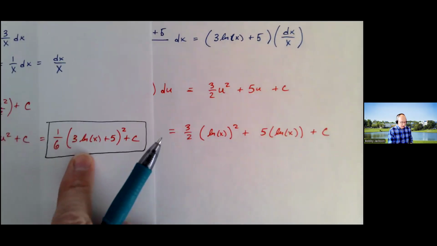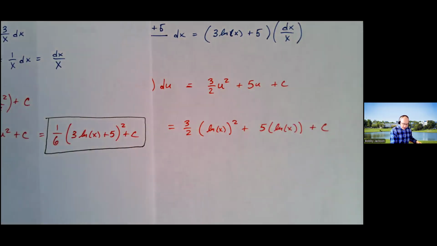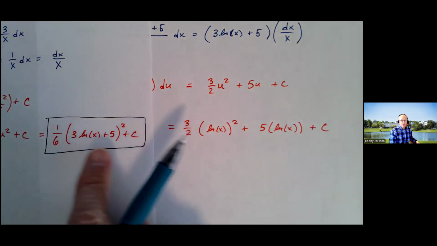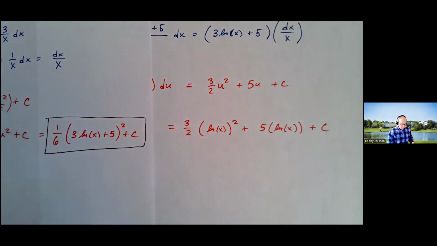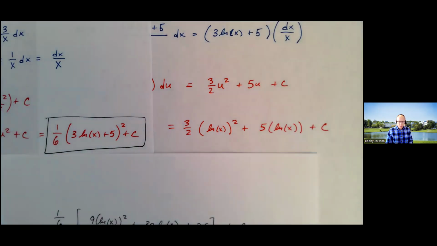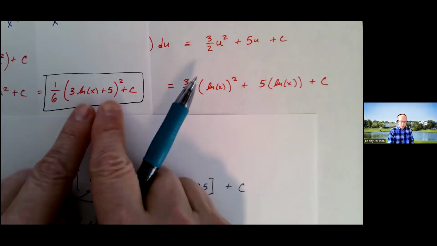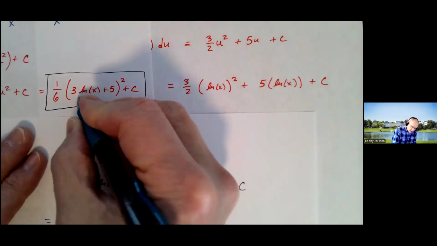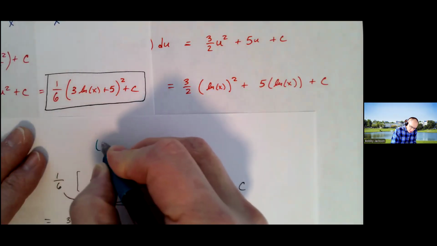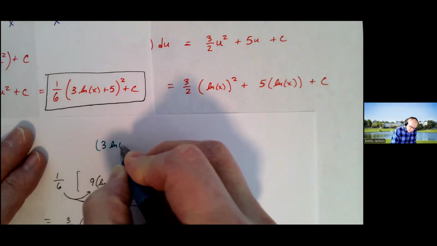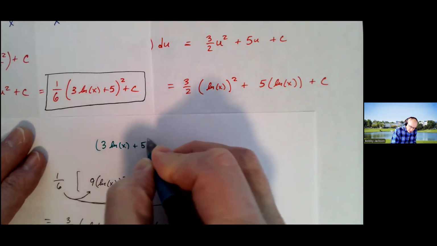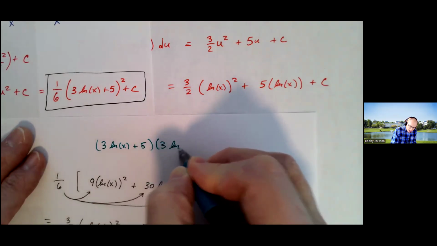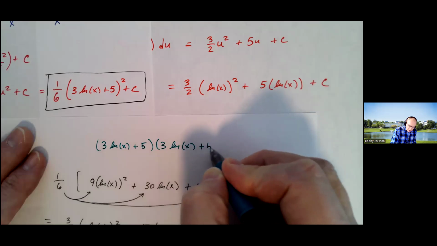If I start with this thing right here and expand out this part, what do I have? 1/6 times 3 natural log of x plus 5 squared, which is 3 natural log of x plus 5 times 3 natural log of x plus 5.